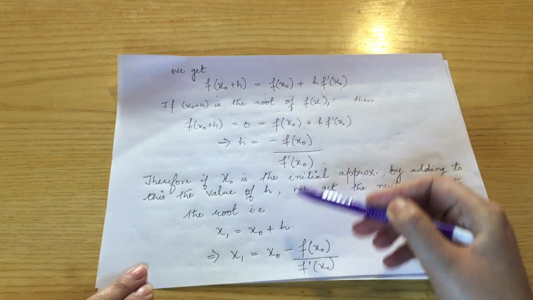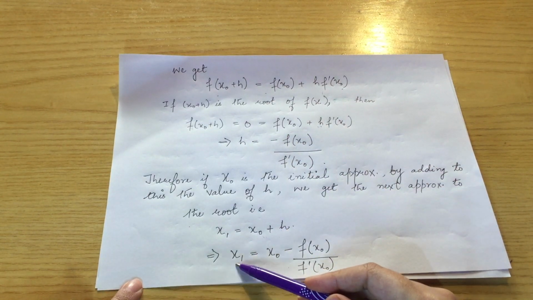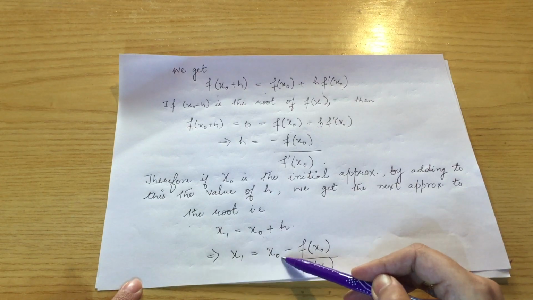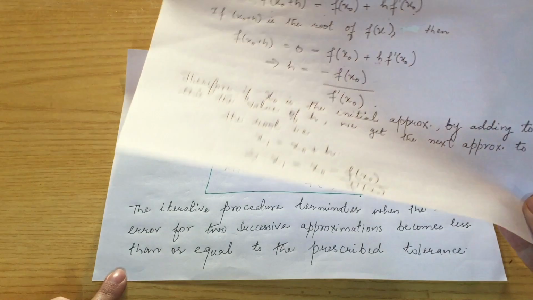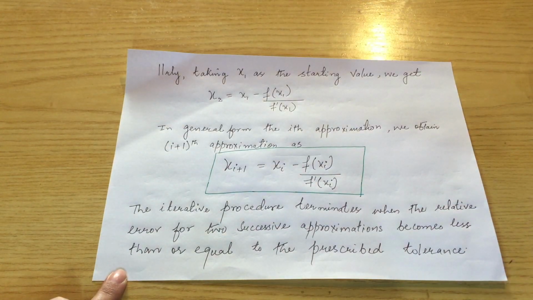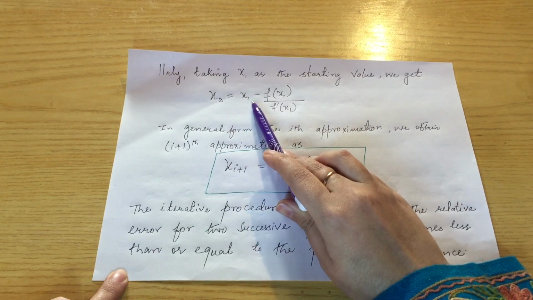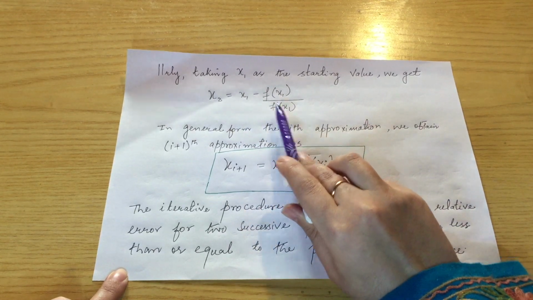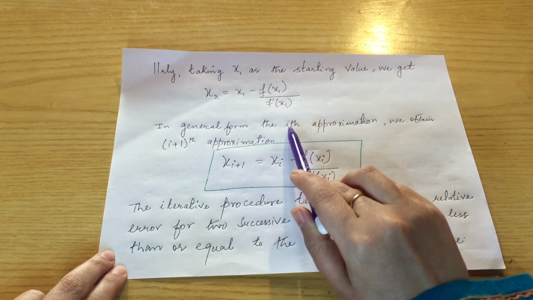The value of h is this, we are just putting it here. So the next approximation, which is x1, will be equal to x0 minus f of x0 divided by f dash of x0. Similarly, if we calculate it for x2, that will be equivalent to x1 minus f of x1 divided by f dash of x1, where f dash is actually the derivative.